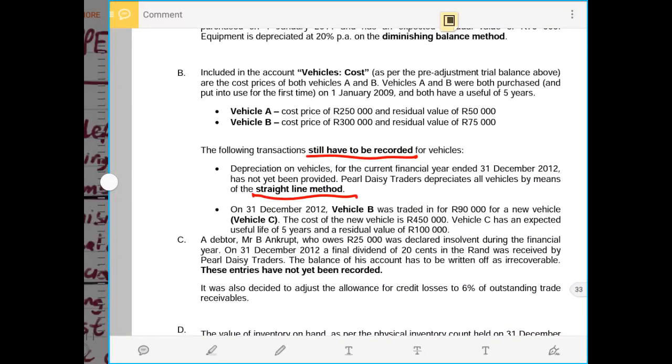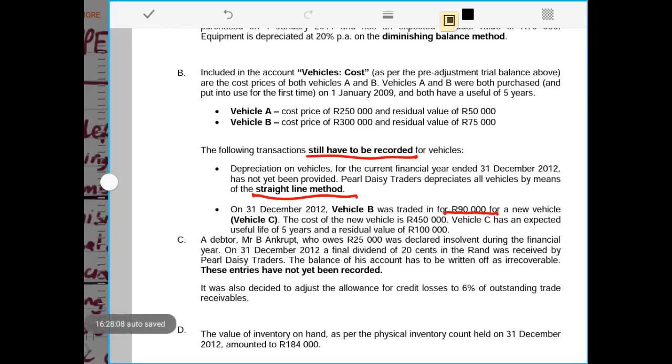Then the second bullet point says that on the 31st of December 2012, vehicle B was traded in for 90,000 rands. A new vehicle, vehicle C, was received. The cost of the new vehicle, vehicle C, is 450,000 rands, and it has an expected useful life of 5 years and a residual value of 100,000 rands.